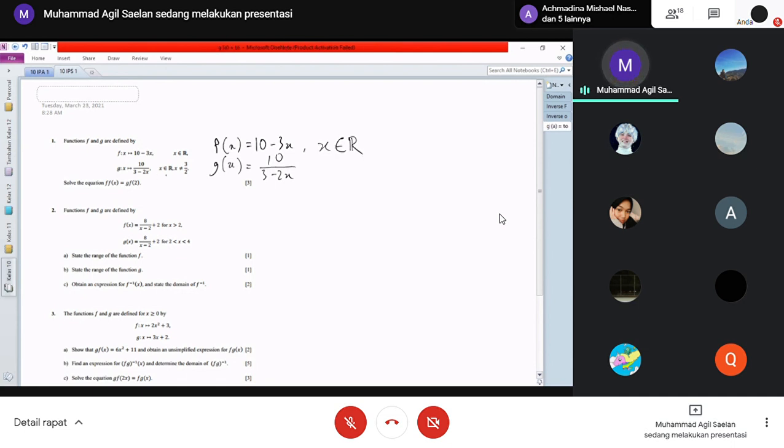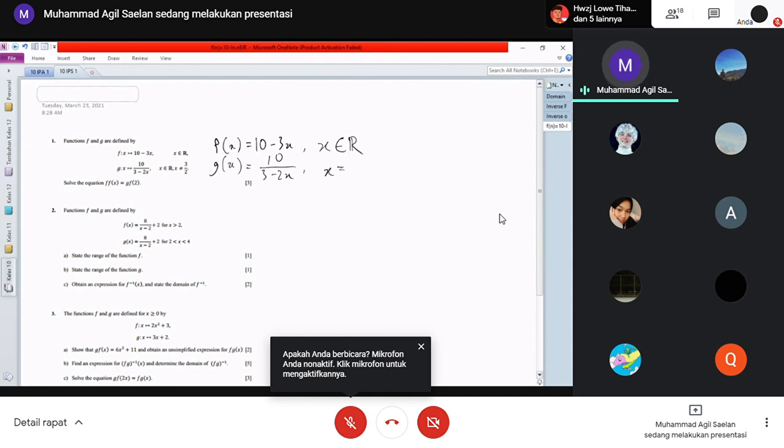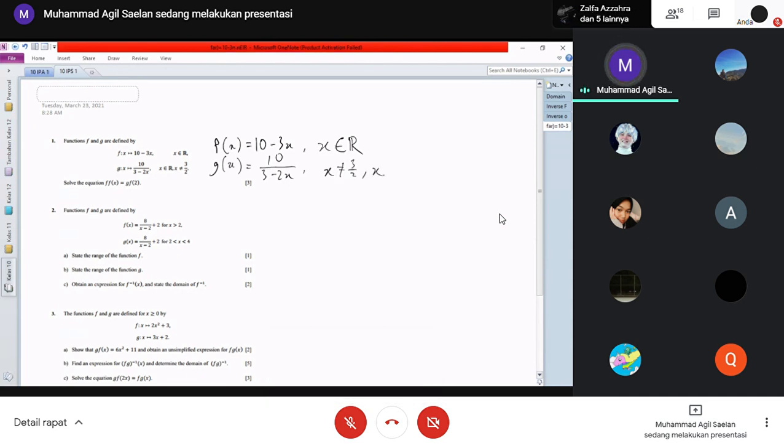And the second one is real numbers except x equals 3/2. So x is a real number but not equal to 3/2.